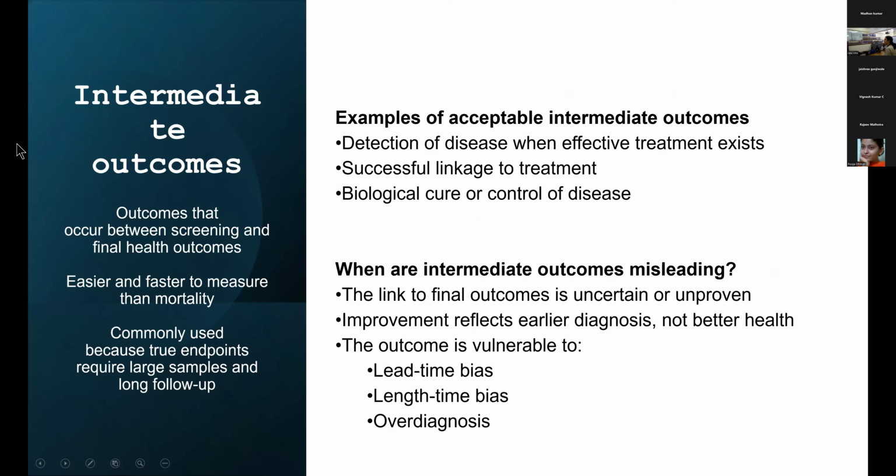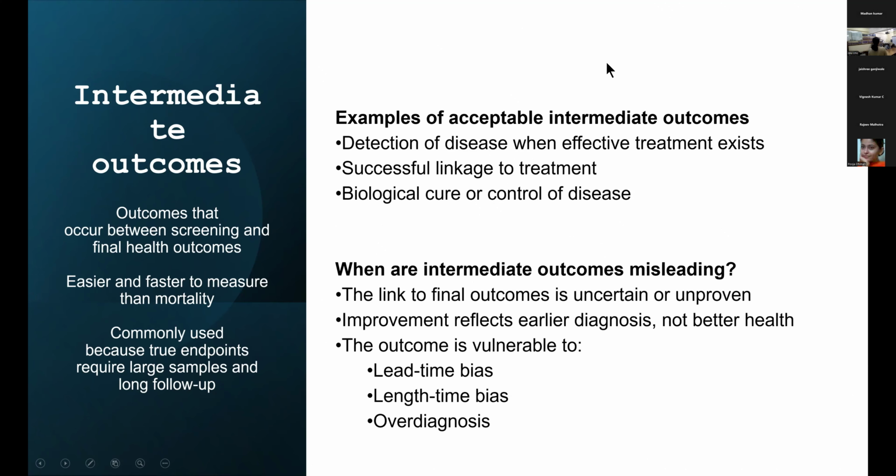So then you have something which is called intermediate outcomes. This is what most studies often use. An example of an acceptable intermediate outcome is detection of the disease when effective treatment exists. For example, in hepatitis C, you can cure hepatitis C. So by detecting the disease, there is clearly a downstream benefit that you can document, in which case detection is a reasonable outcome, or time to treatment, or did they follow up, or what percent started treatment, or what percent completed treatment.